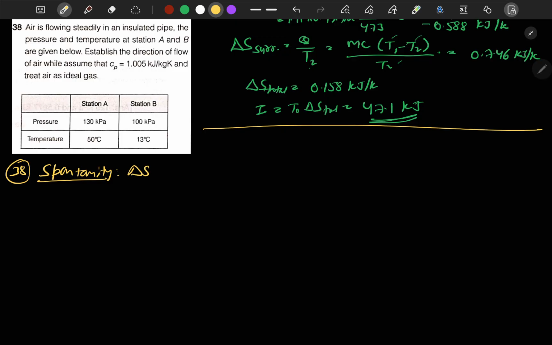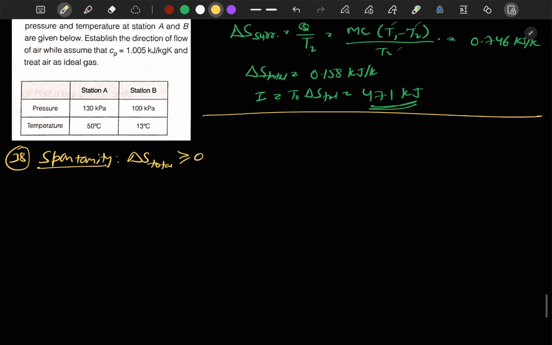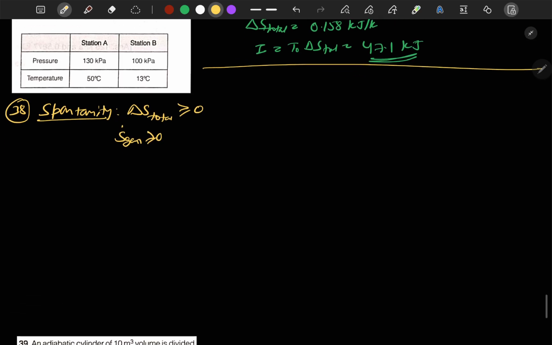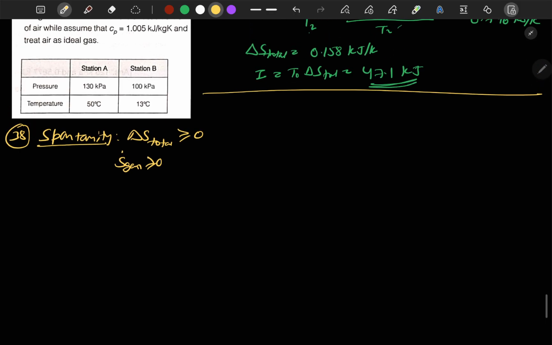It is defined such that the total entropy must always be greater than or equal to 0. So we will try to establish this relation, and since it is an open flow, S generation should always be greater than or equal to 0. We will calculate the S generation.